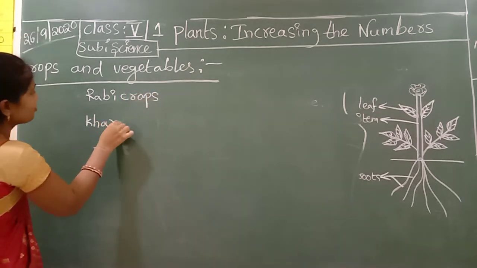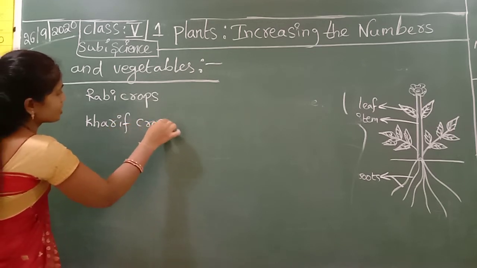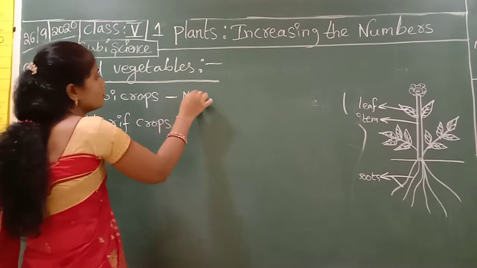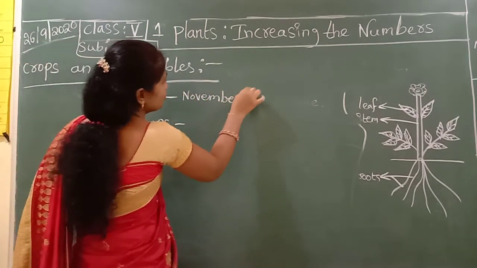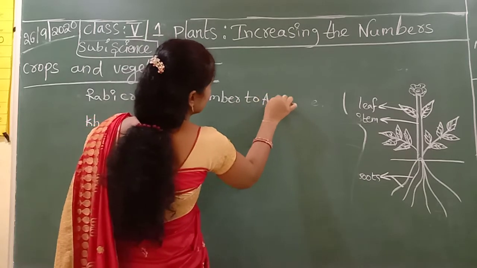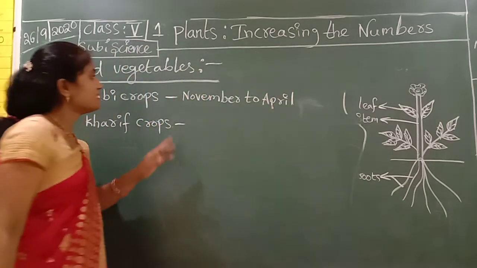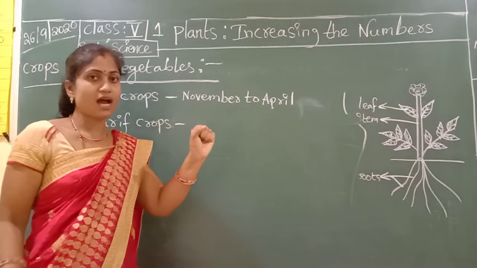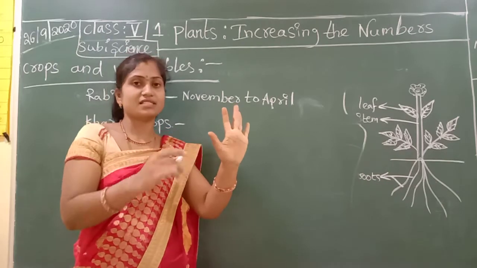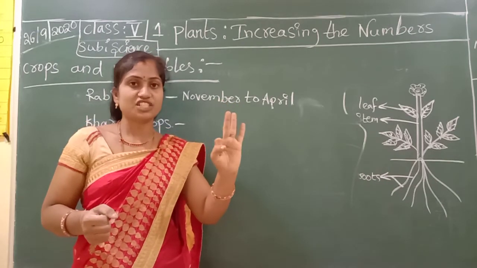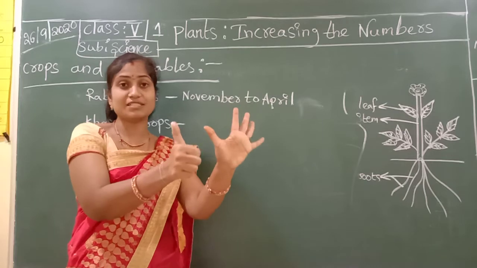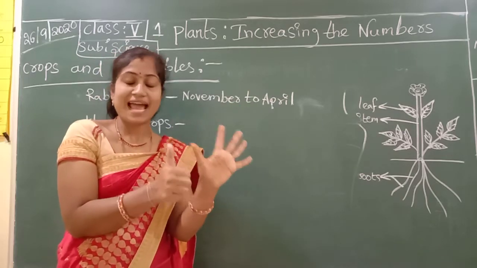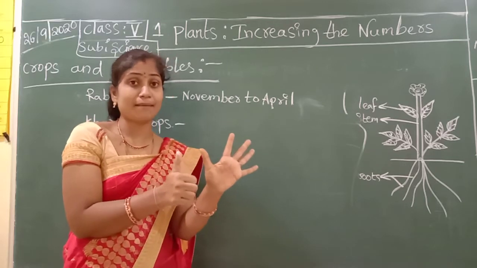Rabi: November, December, January, February, March, April. 6 months. These 6 months they are cropping one type of plants. So this is called Rabi crops.